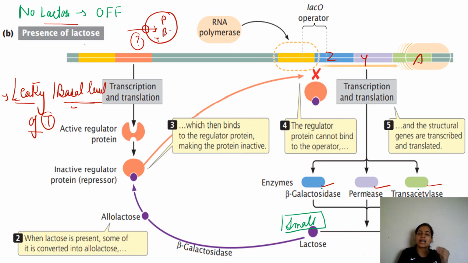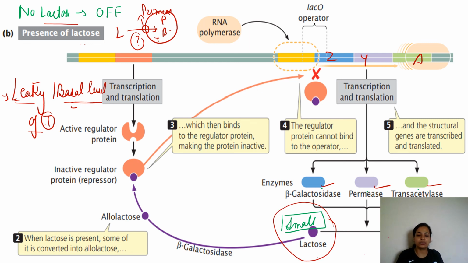So as soon as lactose comes into the medium, in the surrounding, there is already a small amount of permease on the cell membrane. That's why this small amount of lactose can enter into the cell.